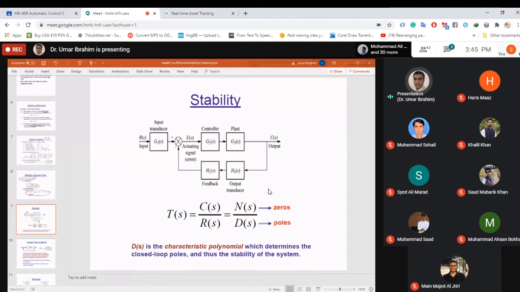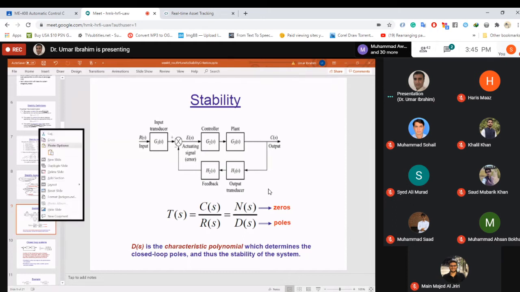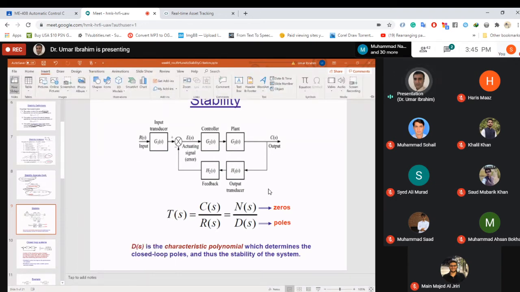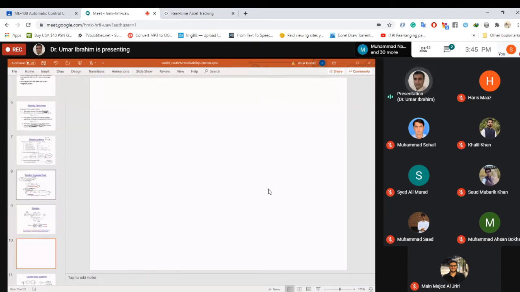But in today's lecture, we will study the stability problem in a slightly different context. Let's suppose I have a system like this. So let me add a slide here.